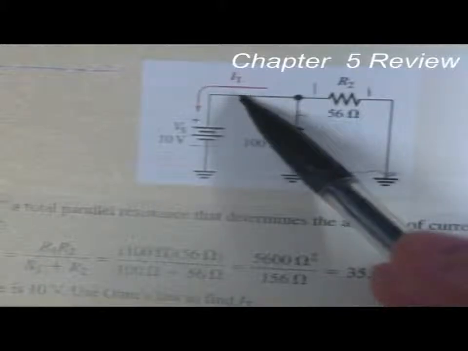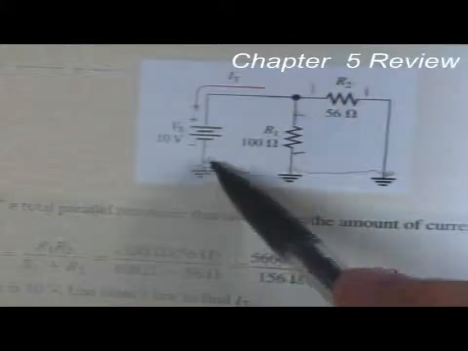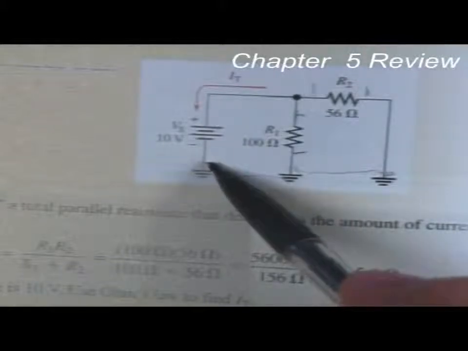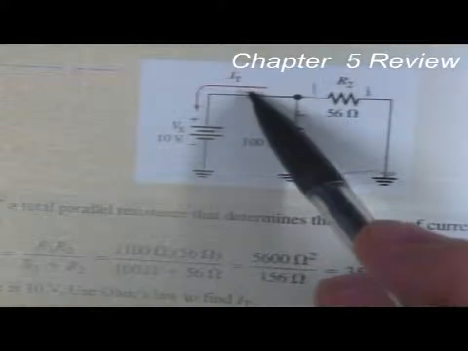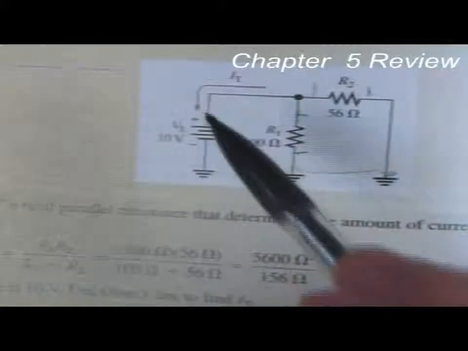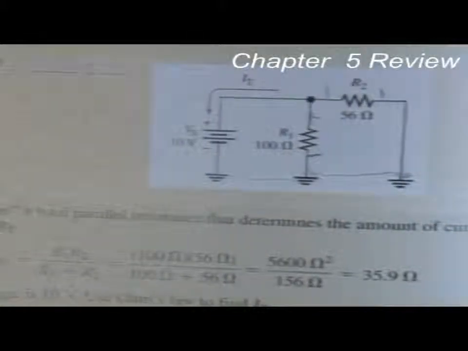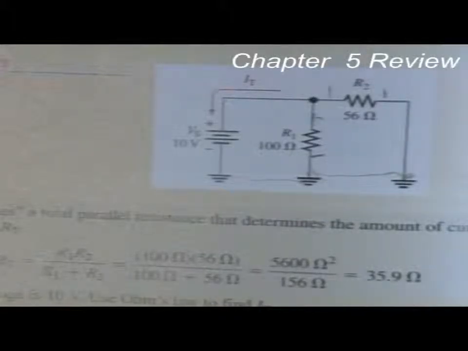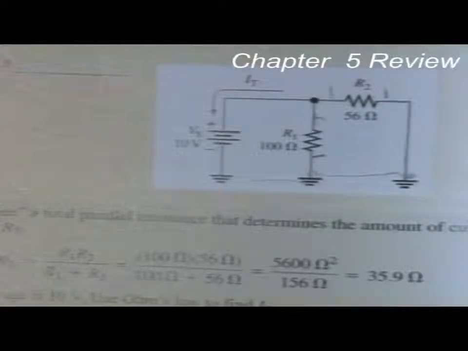Here I want to reemphasize again, the current flowing out of the battery or the power source will be called IT, and the current flowing back into the battery is going to be IT. So the current flowing out of your power source is equal to the current flowing into your power source. That was a fairly easy problem, wasn't it?